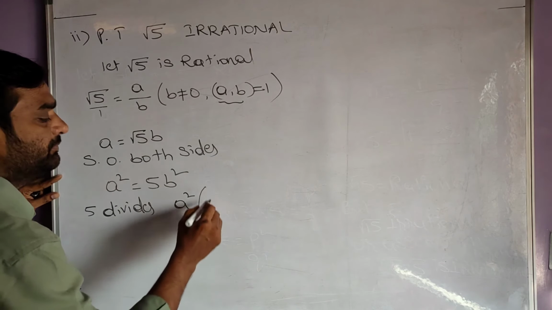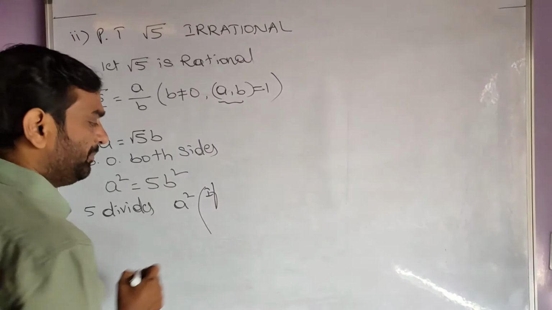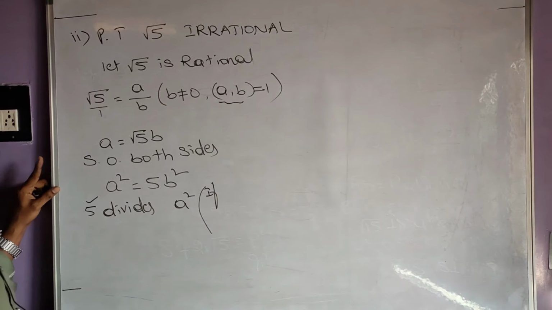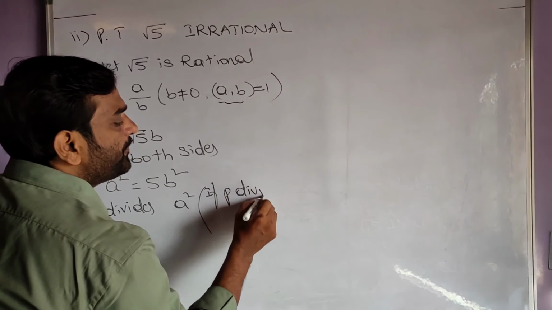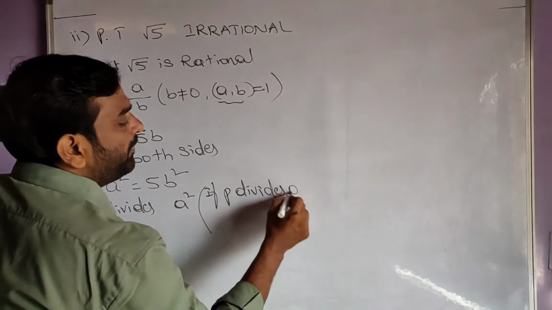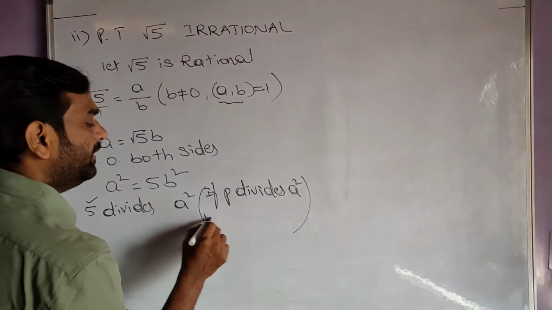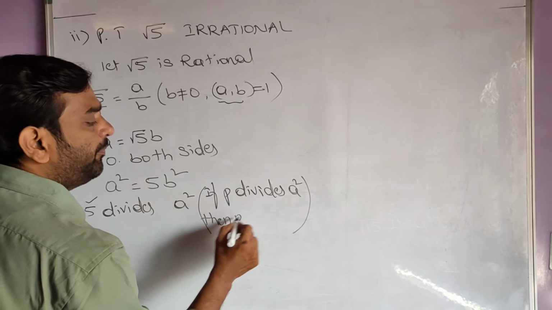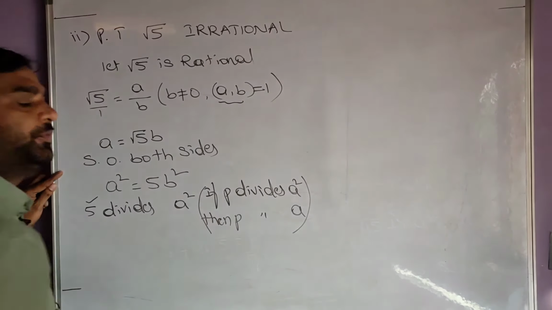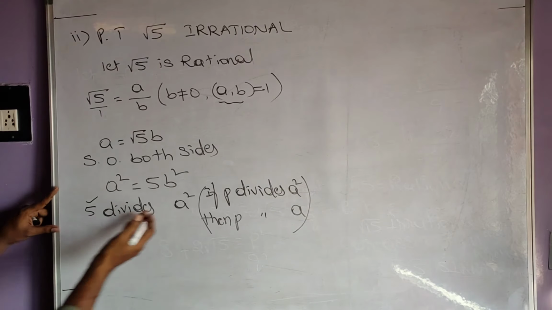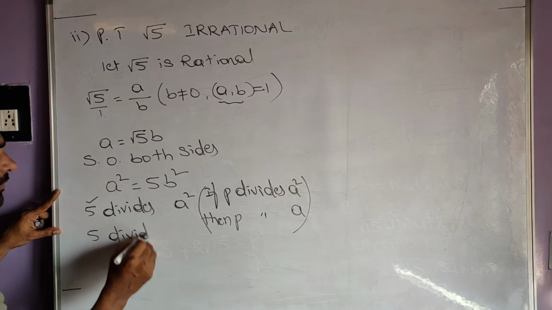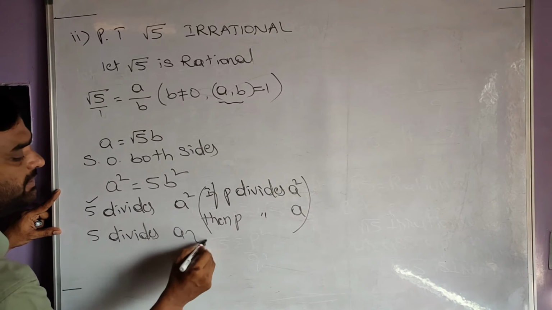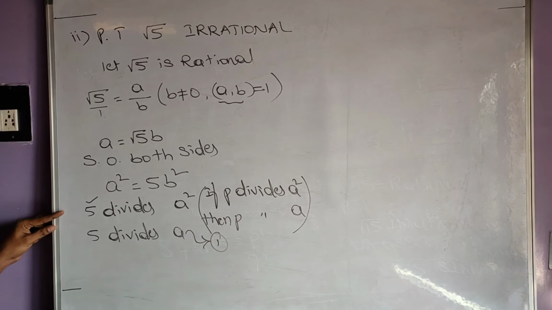We have one theorem: if p is a prime number and p divides a square, then p divides a also. So here 5 divides a square, so 5 divides a. Say equation number 1.